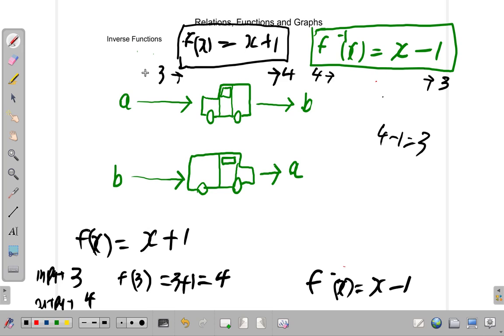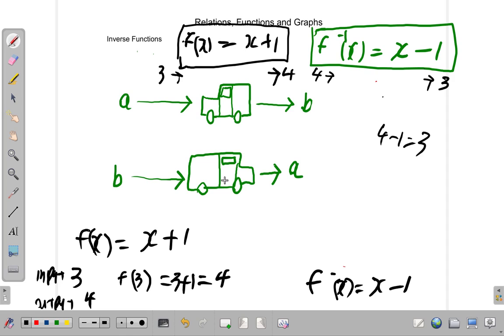So I put a number into my function and got out an answer. I put that answer into my inverse and got out the original number. Just like here, I put in A into the truck and got out B. When I turn the truck around, I have the inverse truck down here.